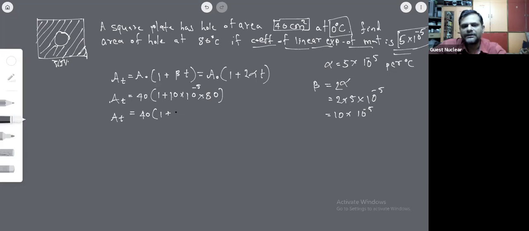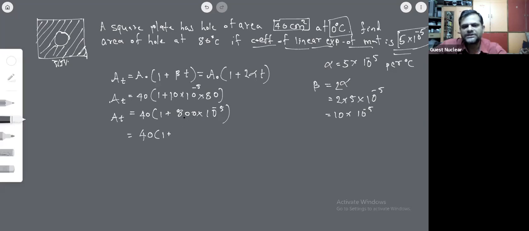we get 10 into 80, which becomes 800 actually, right? So we get this as 800 into 10 raised to minus 5, and hence we get 40 into 1 plus 800 into 10 raised to minus 5.